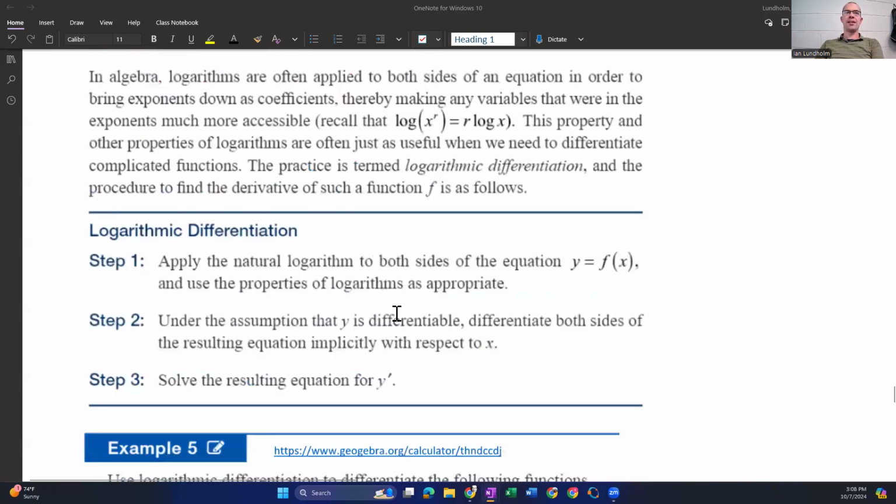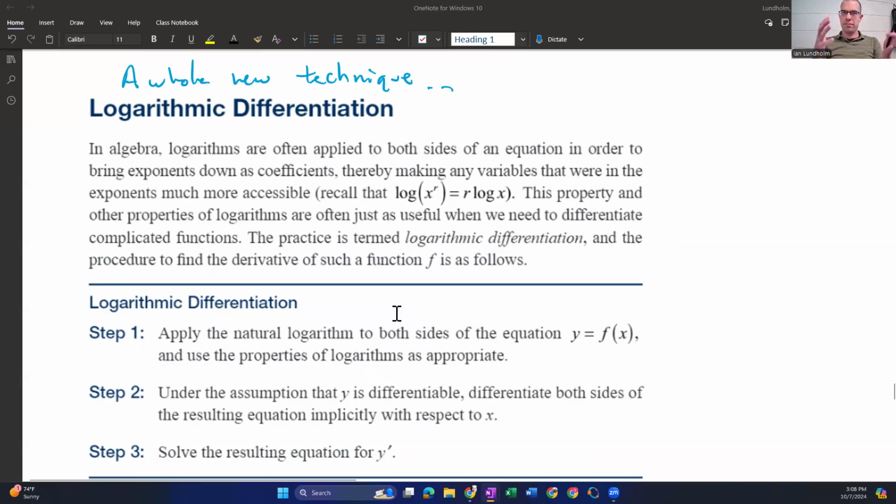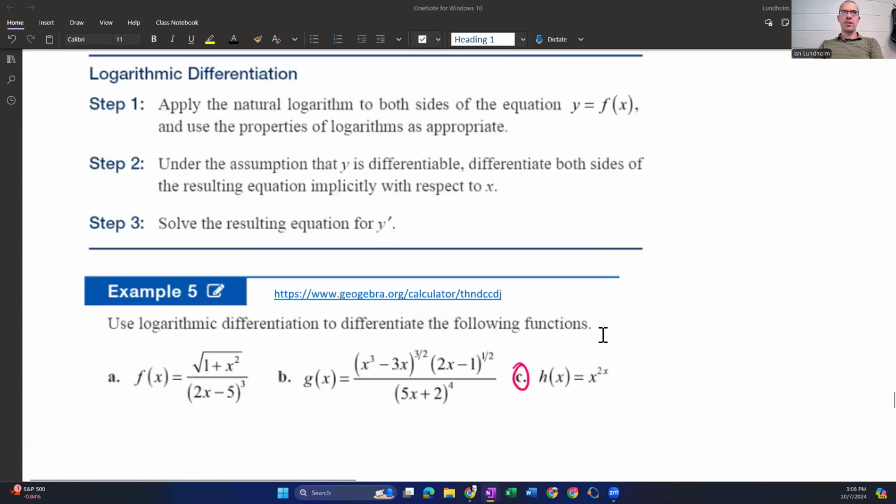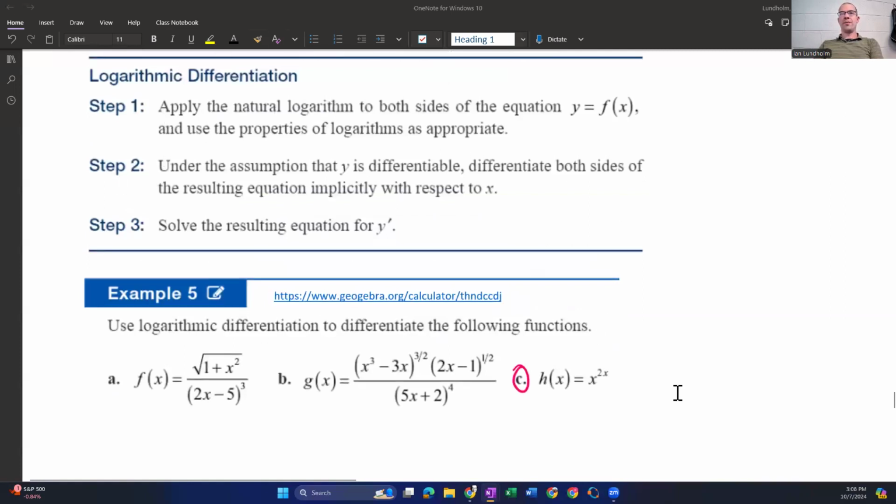They can make things simpler in certain cases. And so whenever we see something that has a lot of powers in it, especially an exponential function that looks like x to the x, we don't have any tools for taking the derivative of this kind of function yet. So what we're going to do is logarithmic differentiation.